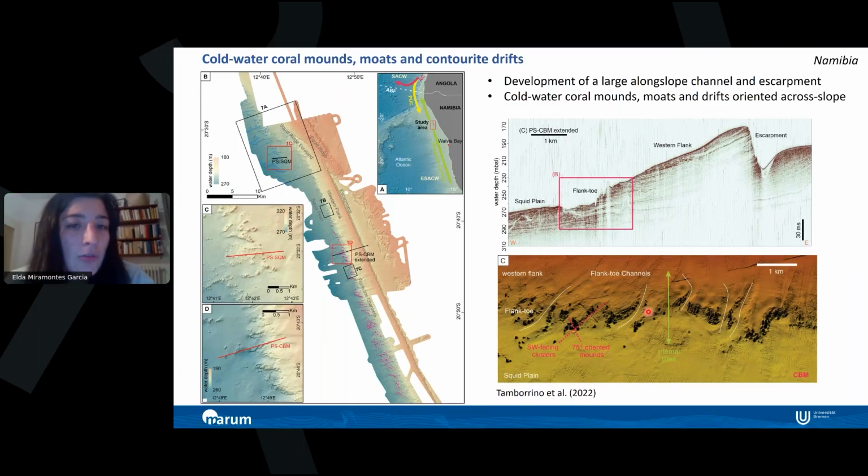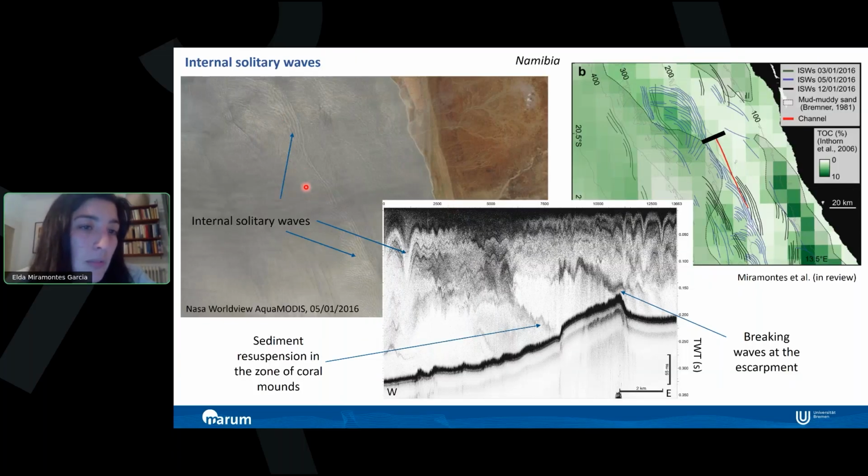In addition to that, there are internal solitary waves that we can even see from satellite images approaching the shelf. And we could image with our Parasound data how they propagate in the water column. These two images are from the same time as the cruise. You can see these internal waves approaching, and then we can see how they break here at the escarpment, where we have this very big erosion.